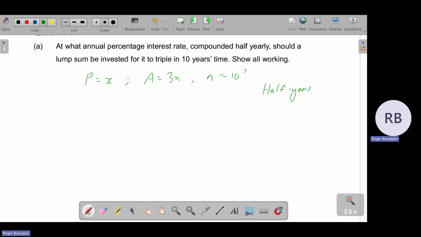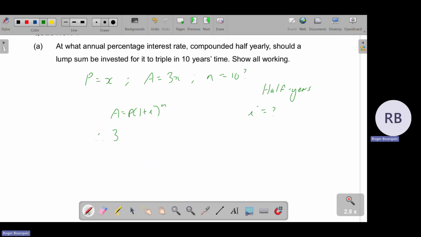What type of interest is it, guys? Compound or simple? Compound, right? So we're going to use A is equal to P times (1 plus i) to the n. Good with that? So then we're going to say the accumulated amount is 3x, and the question is go find i.